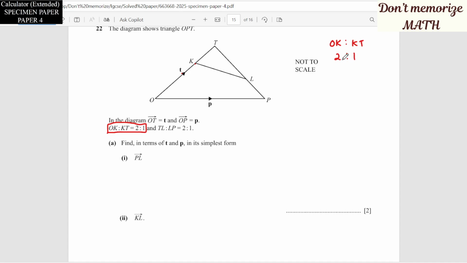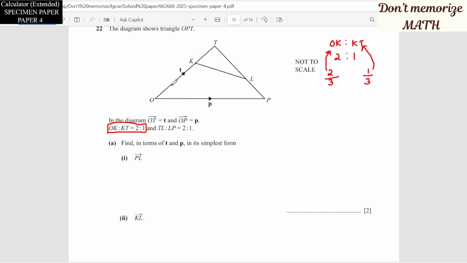That means the total ratio is 2 plus 1, that is 3. Out of 3, 2 is for OK, and out of 3, 1 is for KT. See here in the picture we have OT.